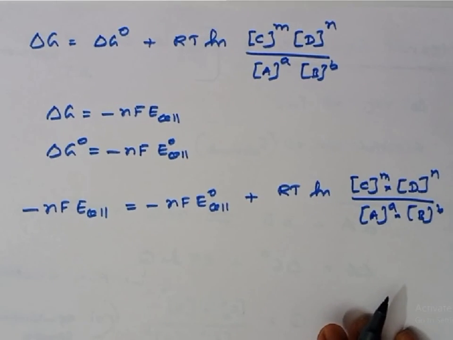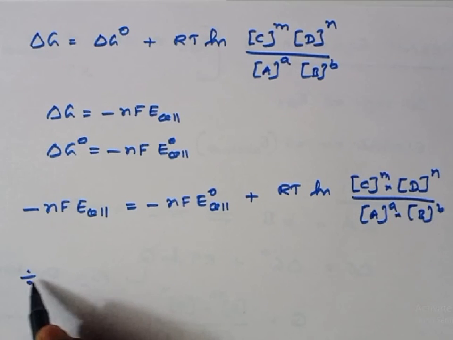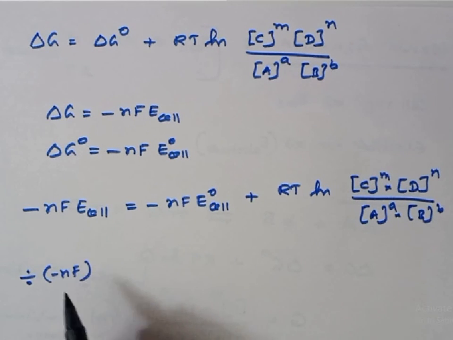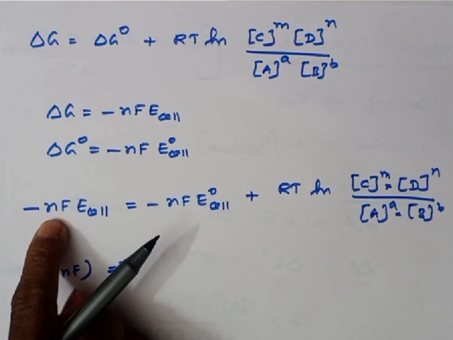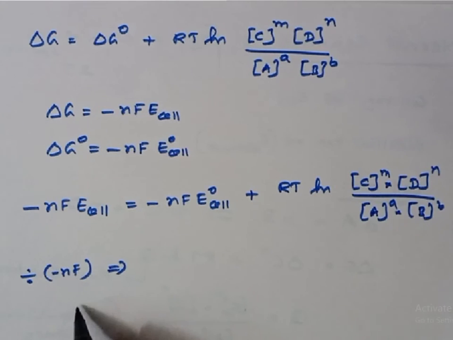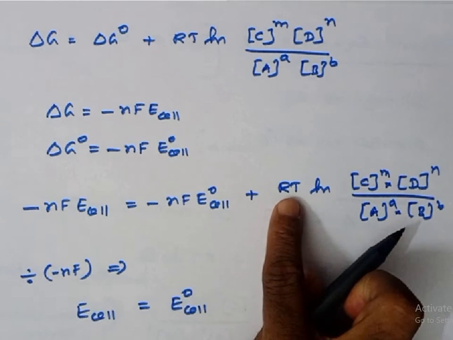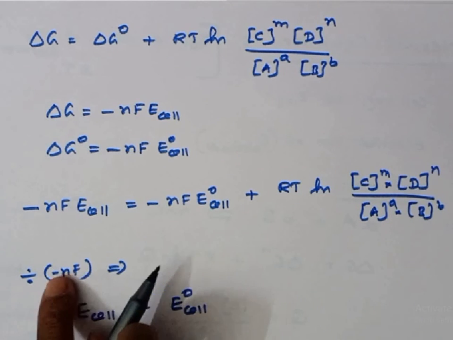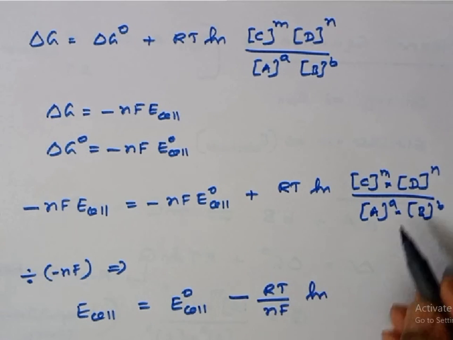Now I'm going to divide throughout the equation by minus NF. If I divide here, minus NF cancel, so I'll get cell potential E cell equal to, here also minus NF cancel, I'll get standard cell potential E naught cell. If I divide this RT by this value, I'll get minus RT by NF into ln this ratio.